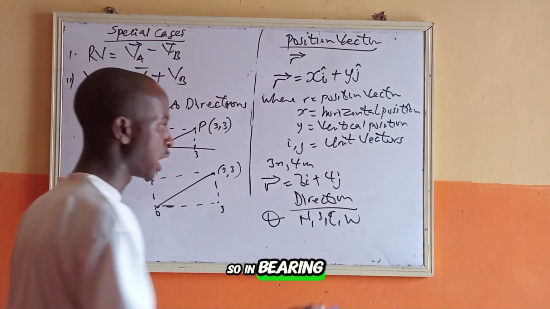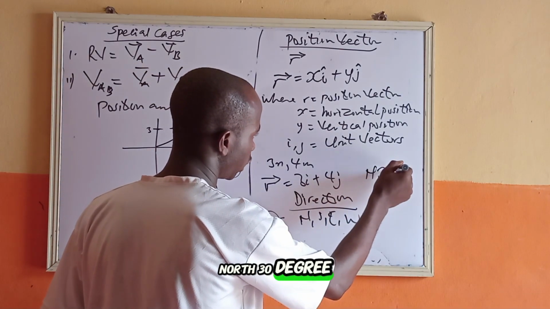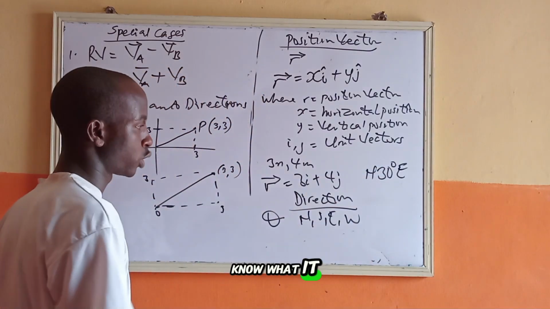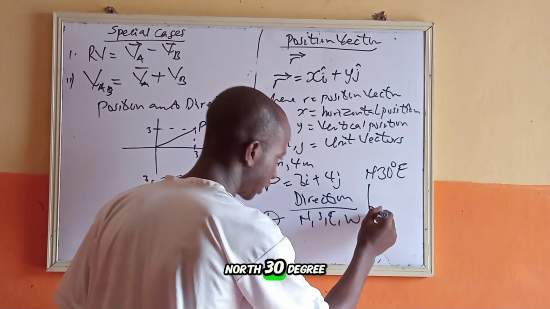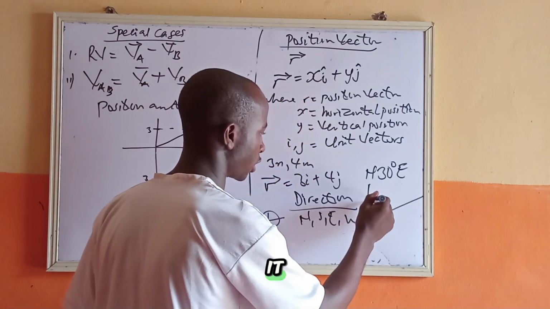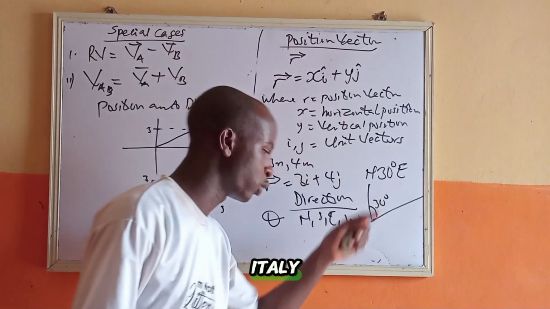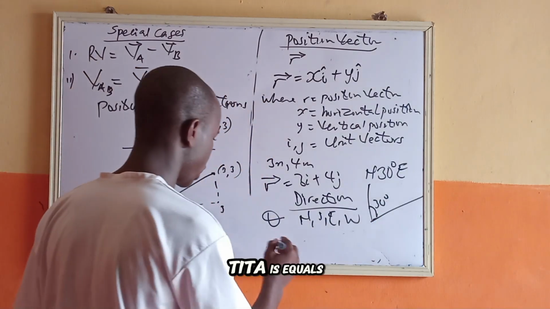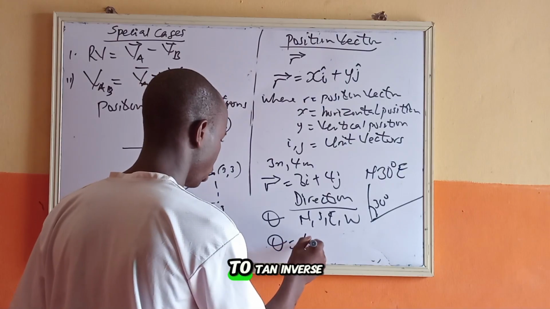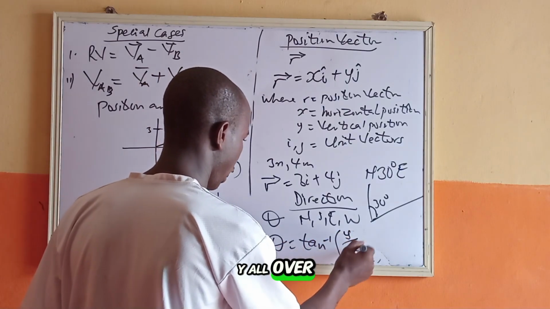That is it. In bearing, when you see north 30 degrees east, you should know what it means now. This is your north, 30 degrees, north 30 degrees east. That is telling you a direction. So the formula for finding direction is theta equals tan inverse of y over x.